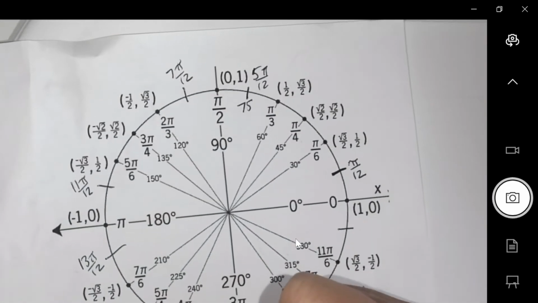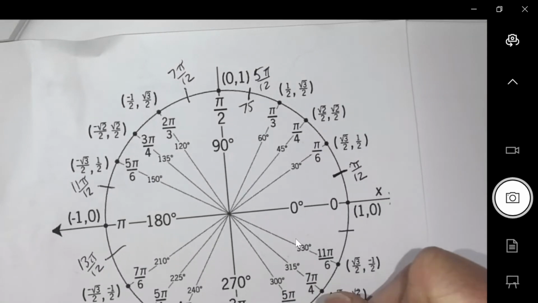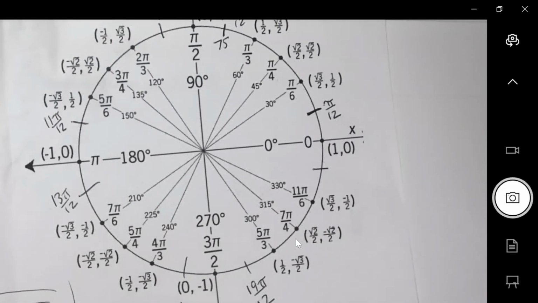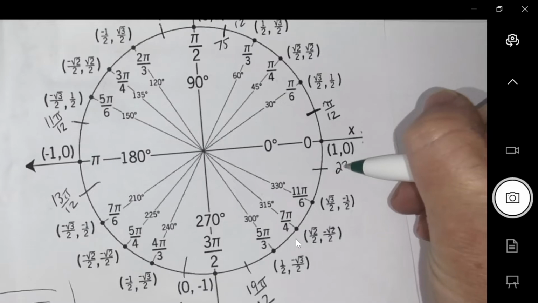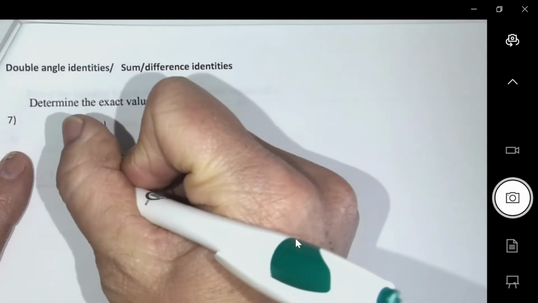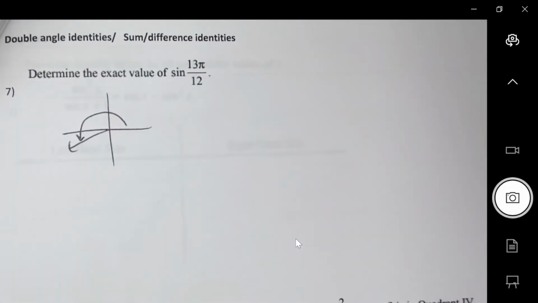So this is 17 pi over 12, 19 pi over 12. And what's the 2 pi number? 24. So then this is 23. So we landed at 13 pi over 12. That's where we landed.